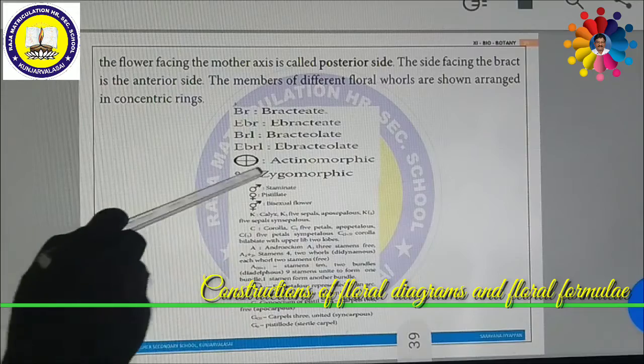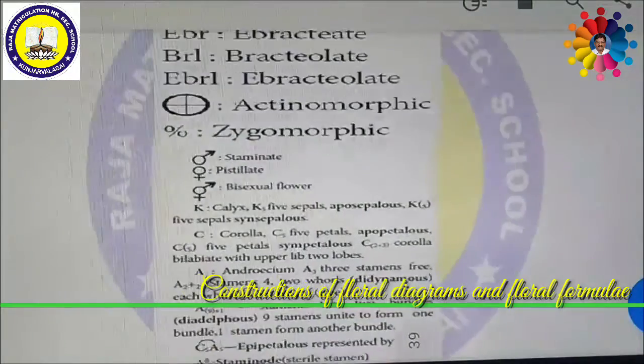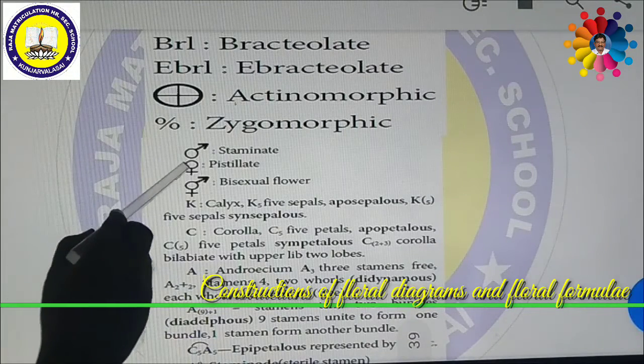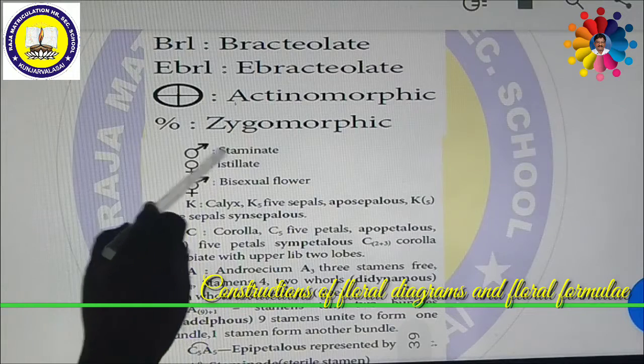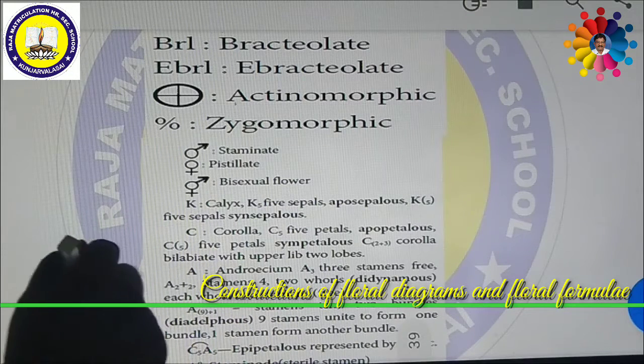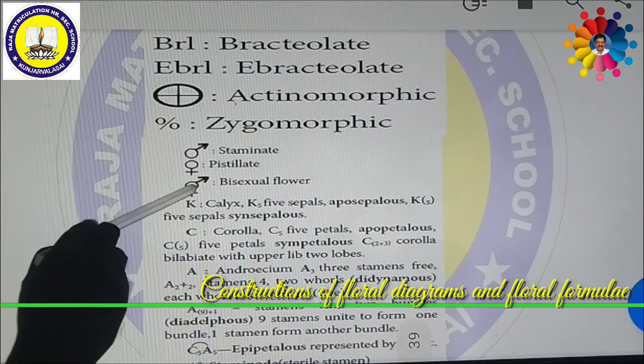If it is a male flower or staminate flower, it is represented with the arrow symbol. If it is a female flower or pistillate flower, a circle with a plus. If it is a bisexual flower, it is represented with a circle attached with a plus and an arrow mark.